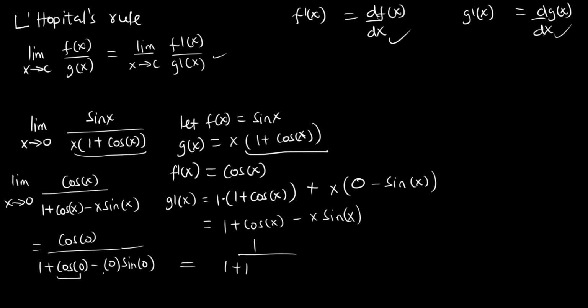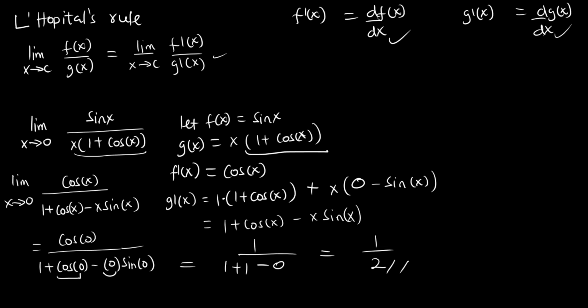And over here, because of this 0 multiplying sine 0, we're going to get 0. So we're going to have minus 0 here. When you simplify this, that gives us 1 over 2. So the limit of the function will be 1 over 2. Applying L'Hopital's rule helps you to find the limit of this kind of function.